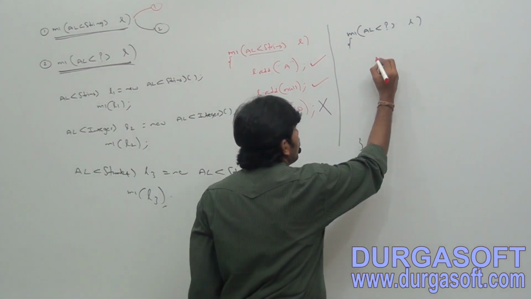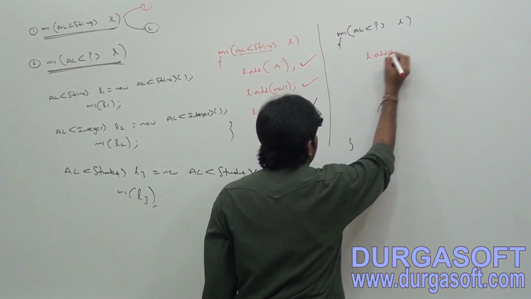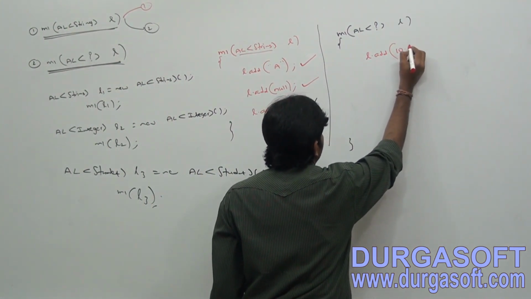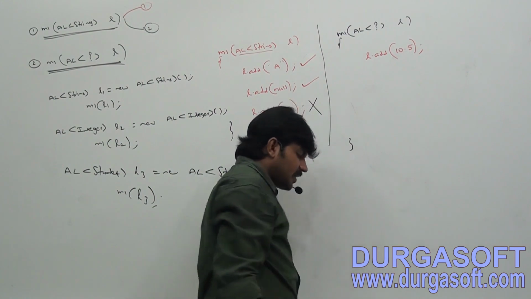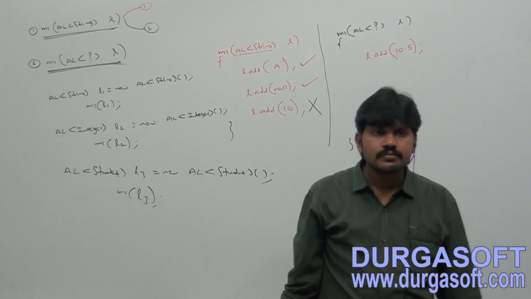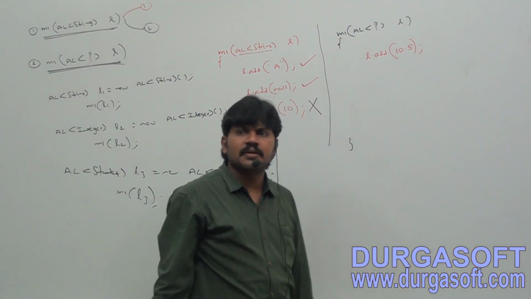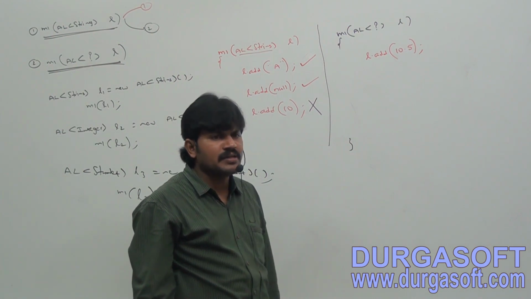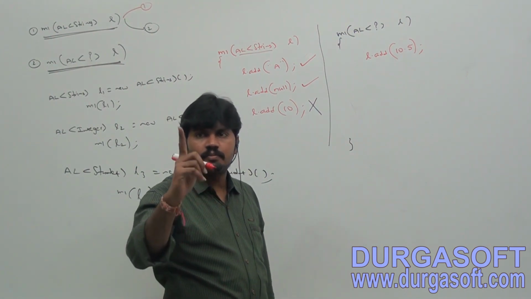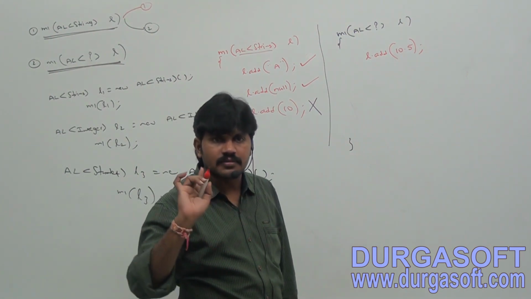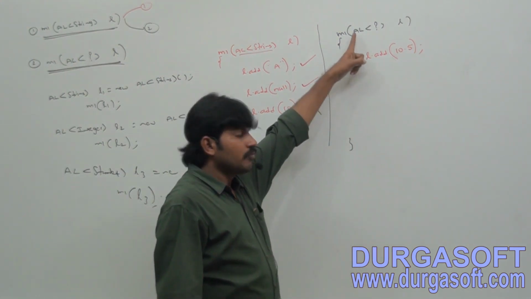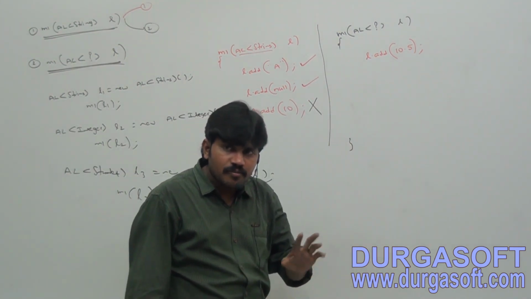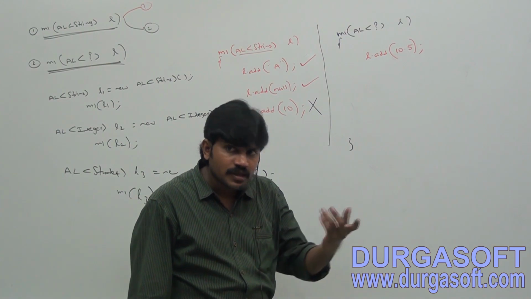Now, l.add(10.5), I am adding this. Is it valid or invalid? Within the method, I am adding 10.5. Valid or invalid? 100% invalid. Because we can call this method by passing an ArrayList of any type.